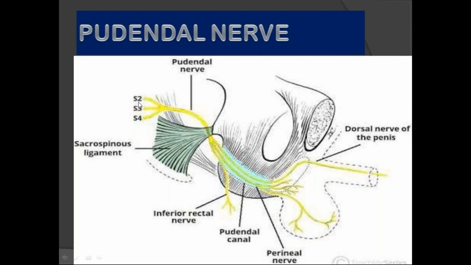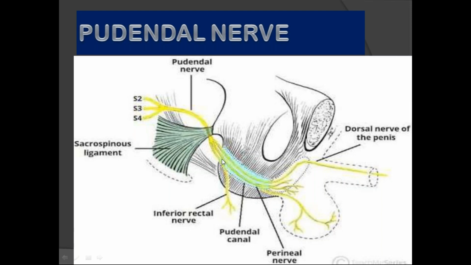So the pudendal nerve is formed in the pelvis, root value from sacral plexus S2, S3, S4. It leaves the pelvis through the greater sciatic notch below the piriformis, winding around the ischial spine, and once again enters the perineum through the lesser sciatic notch.